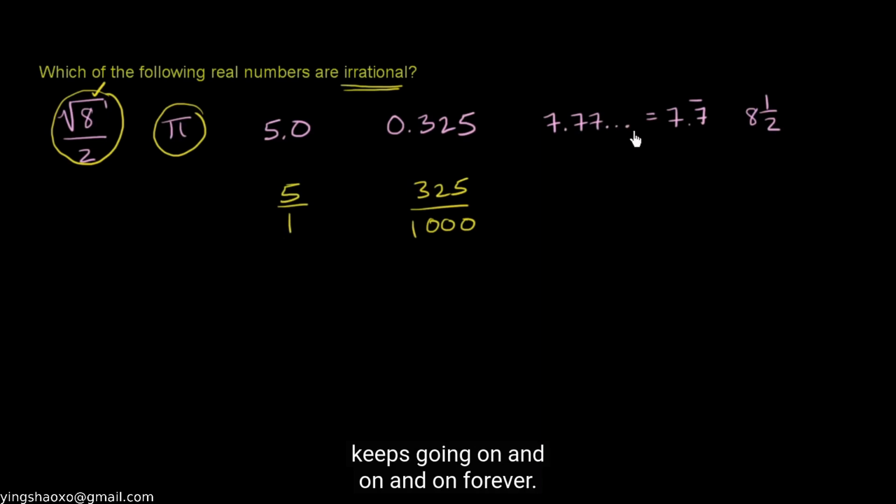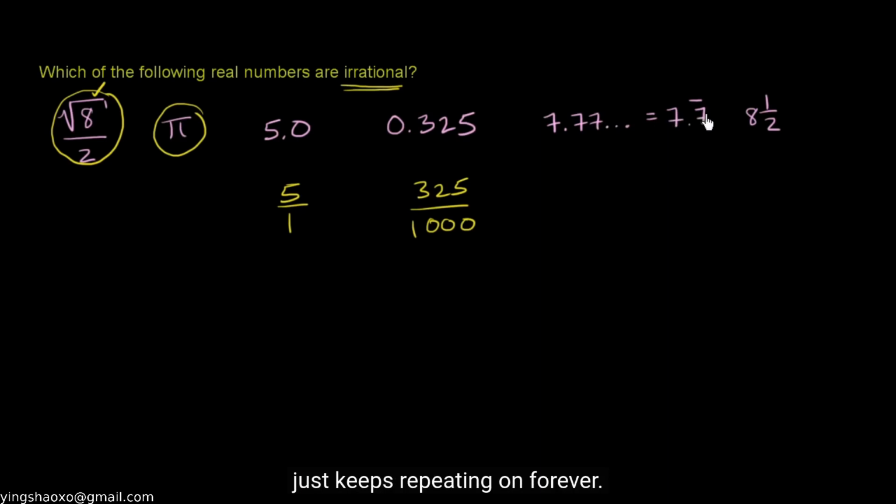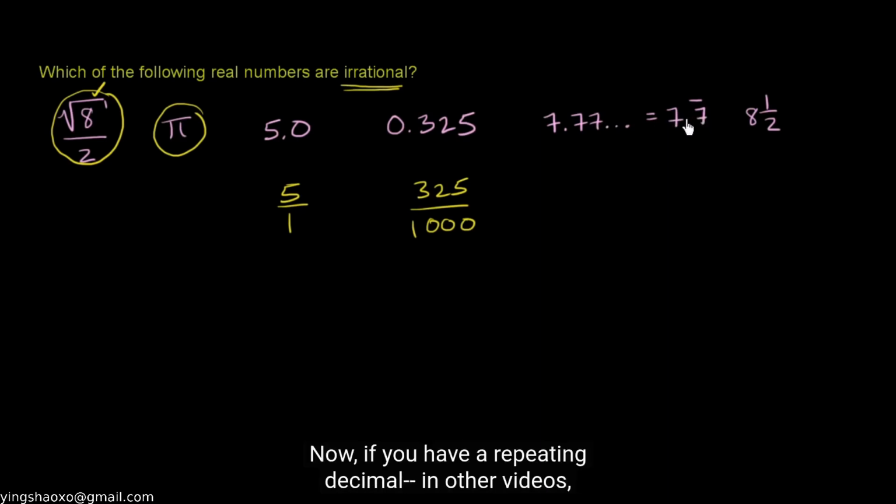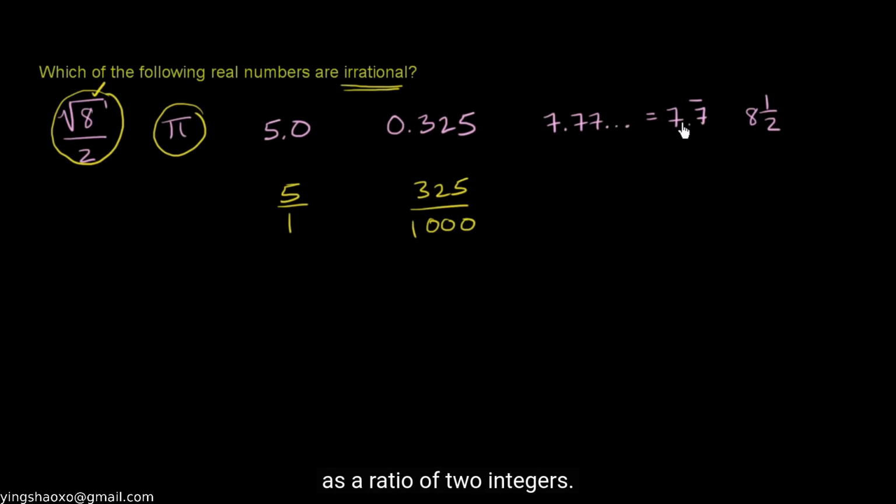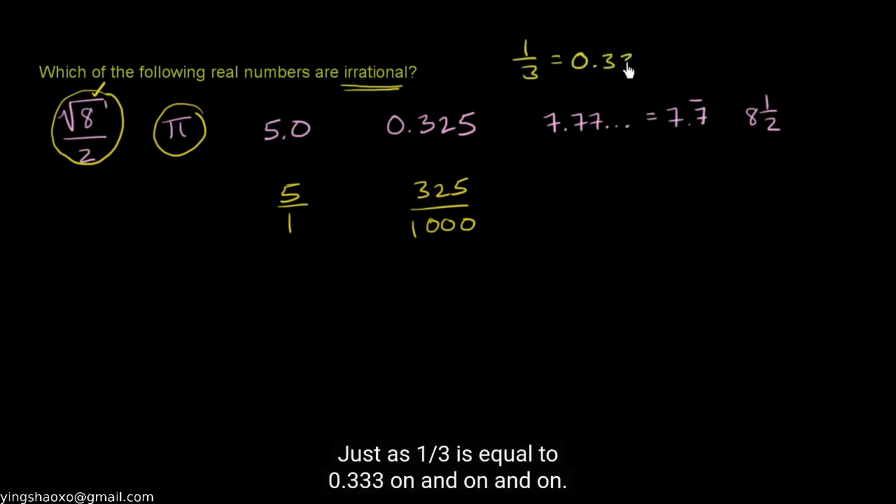Here I have 7.777777, and it just keeps going on and on and on forever. The way we denote that, you could just use dots to say that the 7s keep going, or you could say 7.7 with a line showing that the second 7 keeps repeating forever. Now, if you have a repeating decimal, in other videos we'll actually convert them into fractions, but a repeating decimal can be represented as a ratio of two integers, just as 1/3 is equal to 0.333 on and on and on, or I could say 3 repeating.